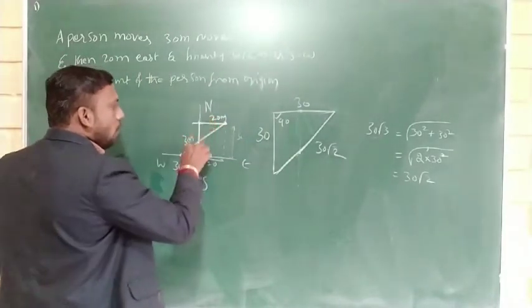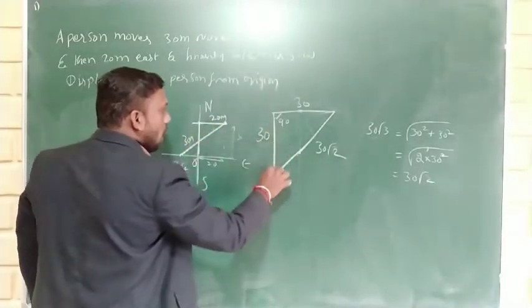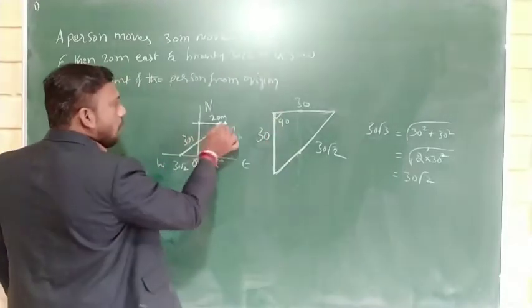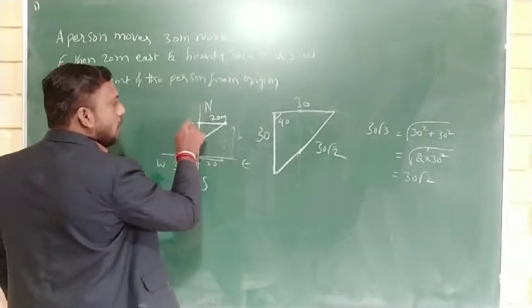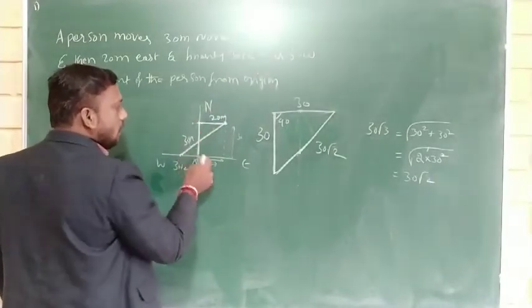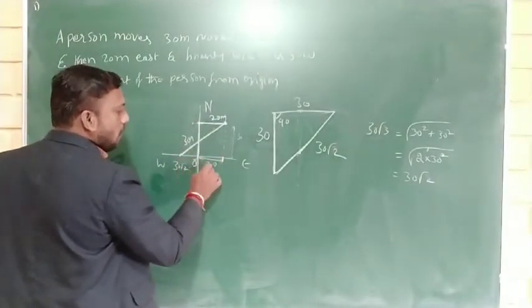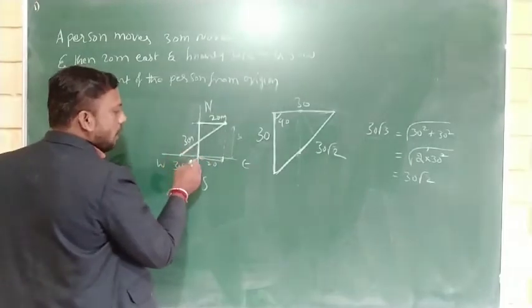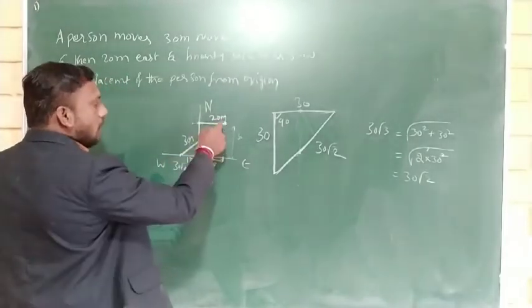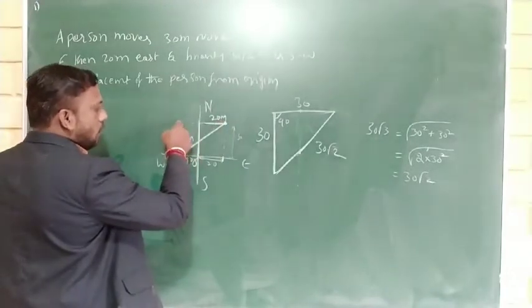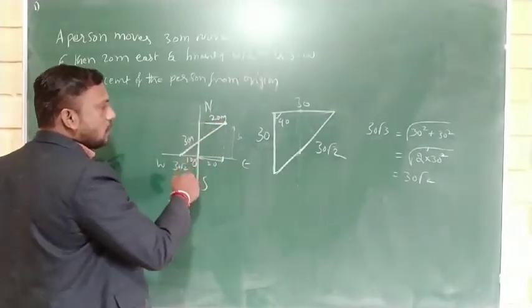Here, already we have the vertical length 30, but the horizontal length we have 20. Therefore, remaining length is 10. From this point to this point is 20, remaining is 10 meter. Total is 30 meter in west direction and 30 meter in south direction.